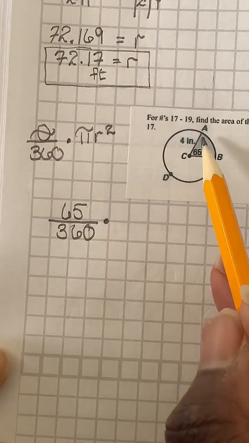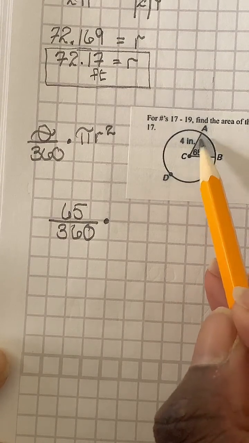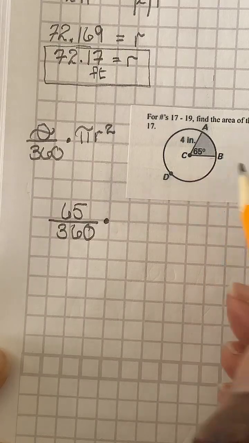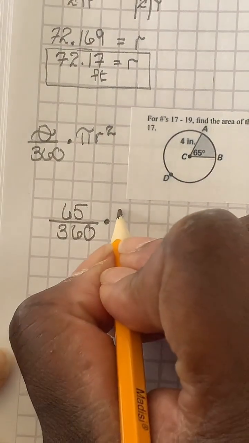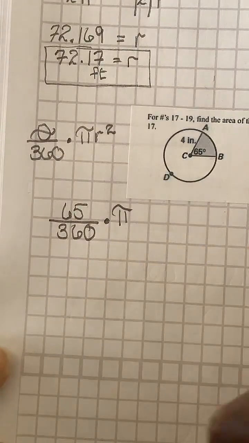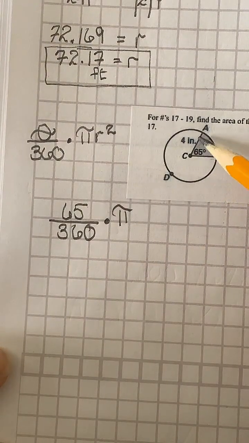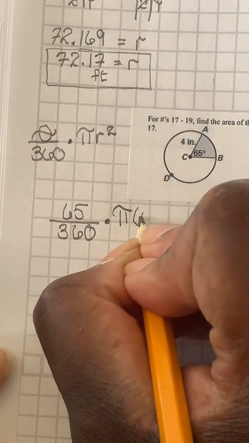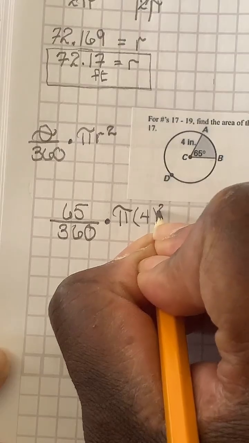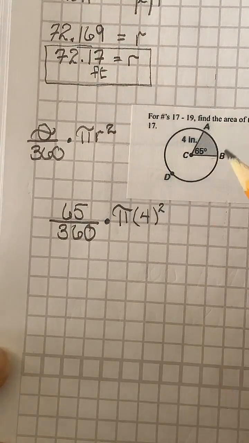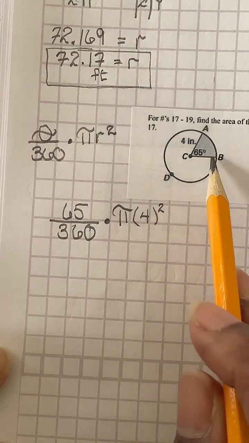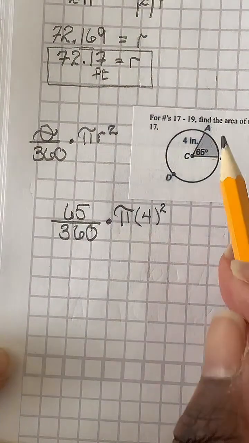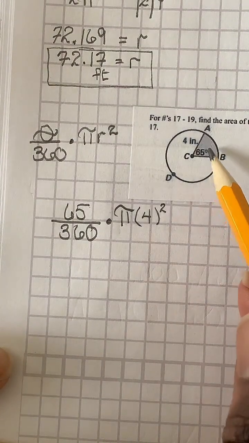Now, since we're looking at the area, it's almost like that whole pie slice, pizza, apple, whatever. All right. So you're taking your pi times your radius. They gave us the radius, which was 4 inches. So we are squaring that. Because even if the radius over here is 4, that means the radius of CB is also going to be 4. So when we're looking at the area, we're looking at the shaded area.